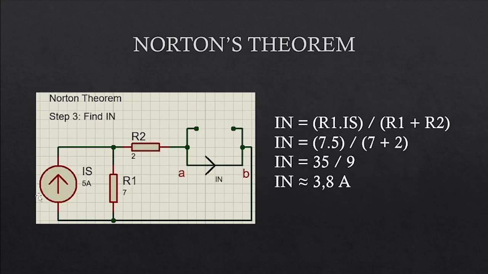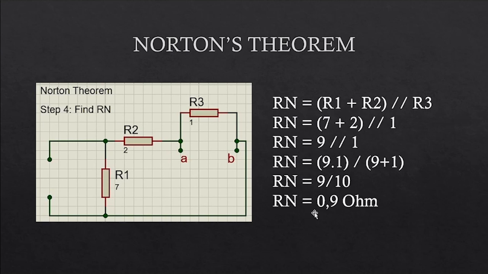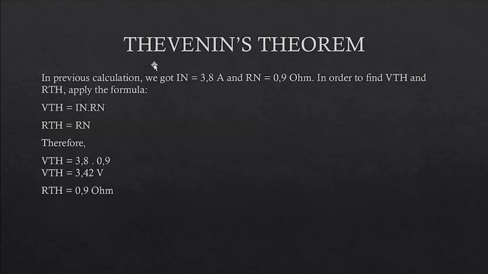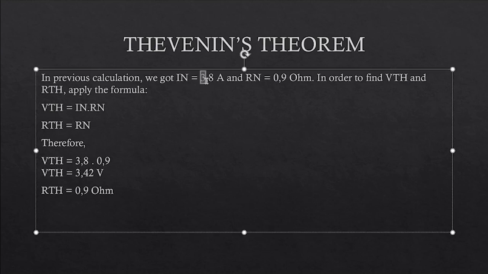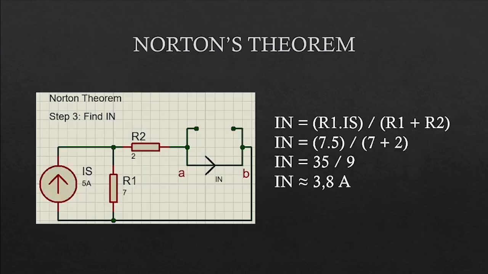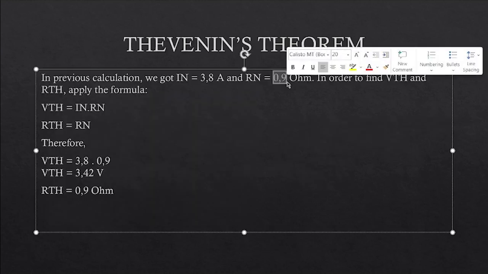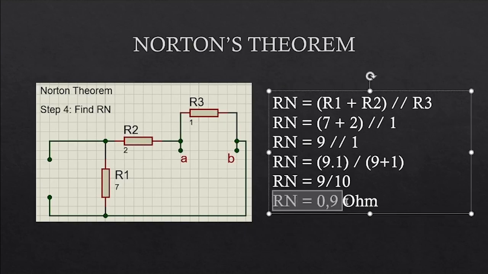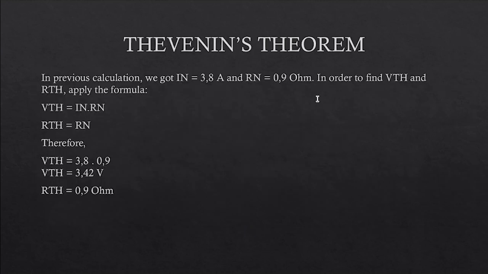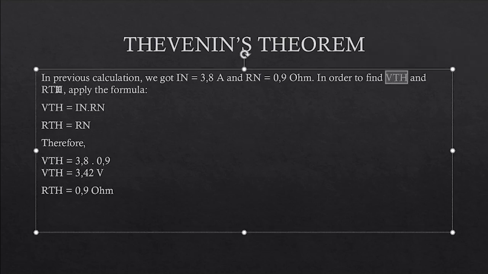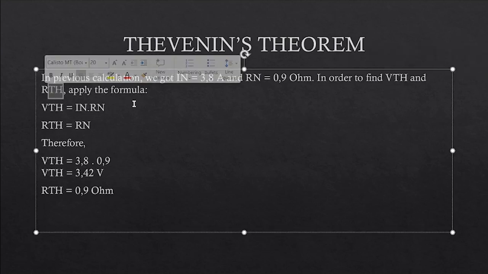There we have it. We got IN and the RN. And in order to find the Thevenin circuit, we got IN is 3.8 ampere in the last calculation, and the RN is 0.9 ohm in the last calculation. So in order to find the V Thevenin and the R Thevenin, apply the formula.